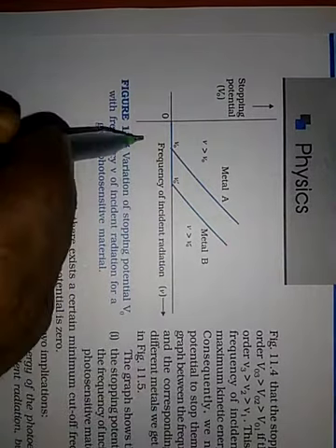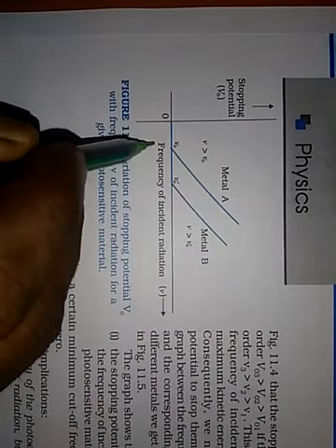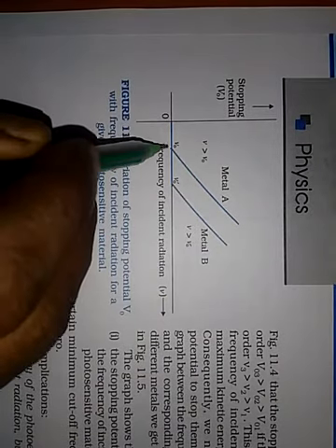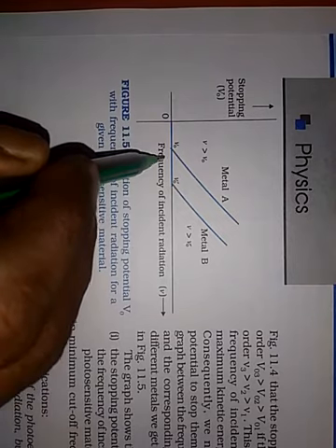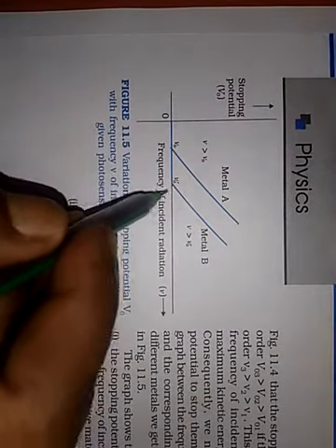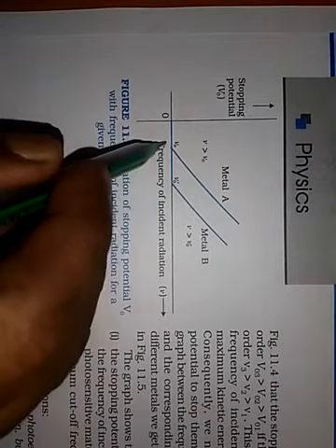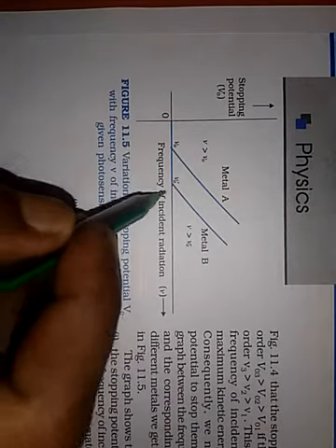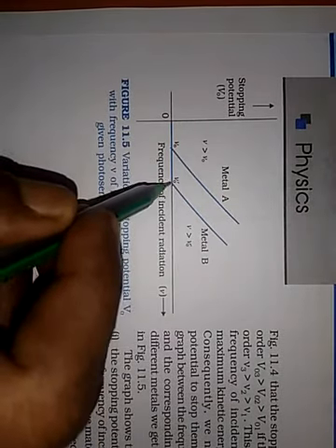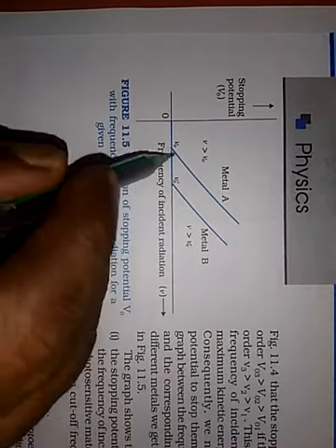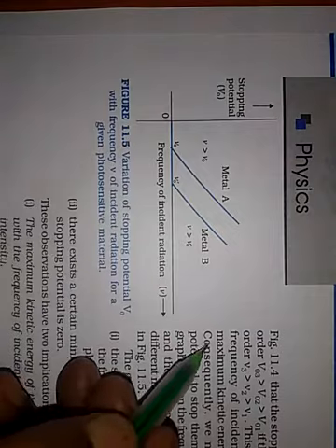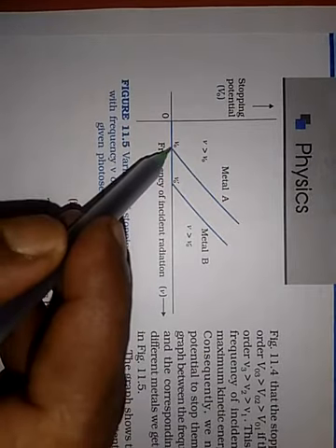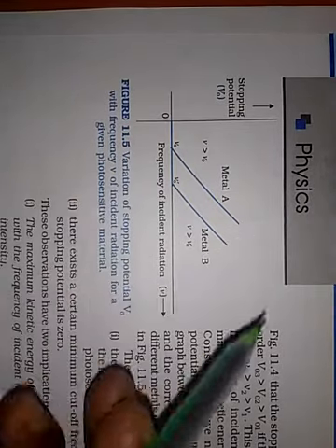The point I would emphasize is that up to some threshold frequency the stopping potential is 0 for metal A and for metal B, whereas for metal A the threshold frequency is nu naught and for metal B it is nu naught dash. But for metal A, once you cross nu naught and increase the frequency, the stopping potential linearly increases with frequency.